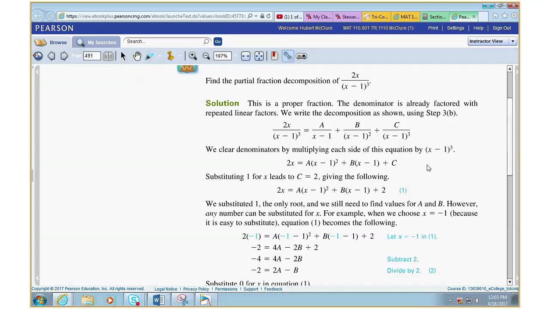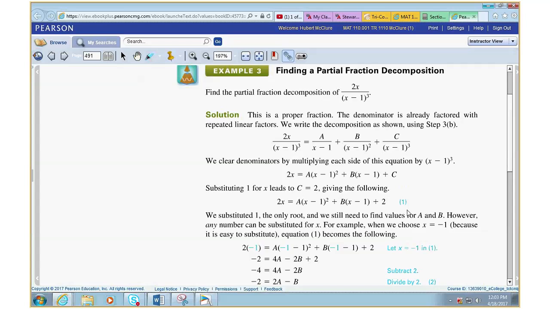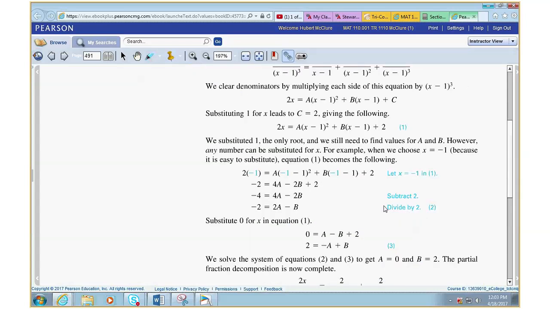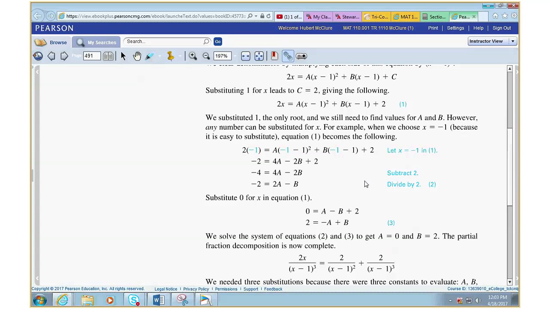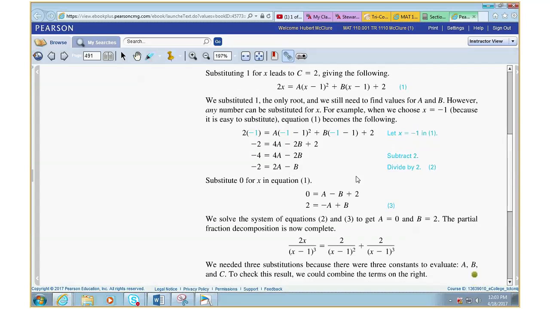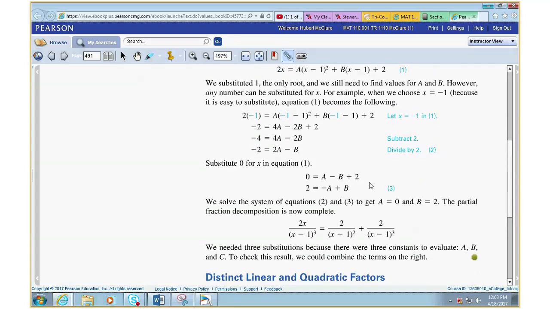Yep, they plugged in -1, which I told you that would give us, no, they're doing substitution, okay. That's what they're doing.